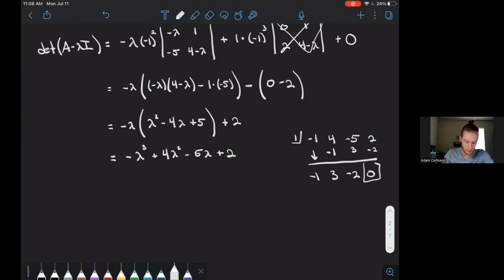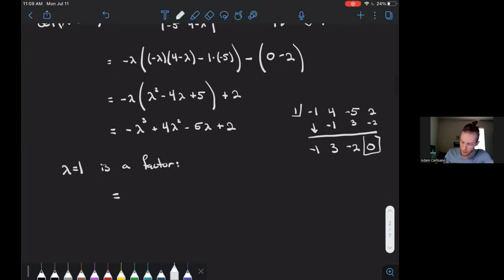Yeah, look at this. So it turns out lambda equals 1 is a factor. And our equation is going to be equal to, these are going to be the coefficients of the quadratic polynomial that pops out. So this will be lambda minus 1 times negative lambda squared plus 3 lambda minus 2. We can factor a minus sign all the way to the outside.